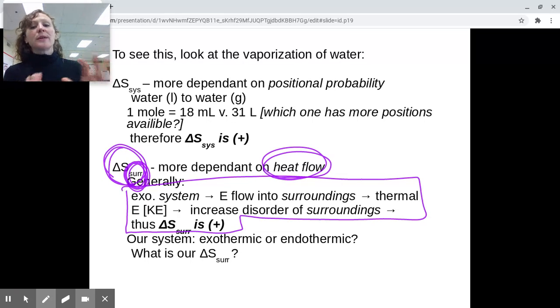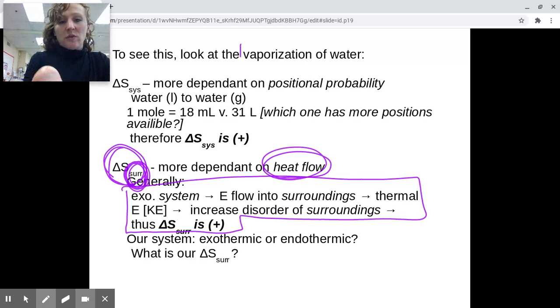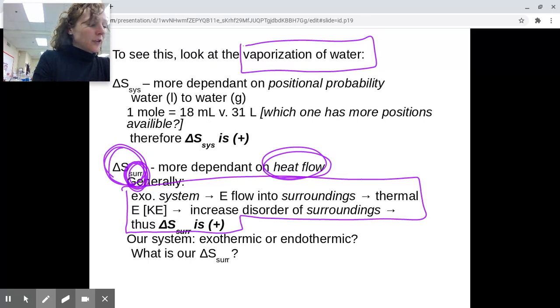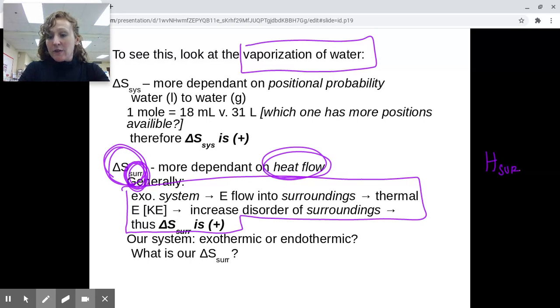So before we talk about our system, the vaporization of water, it might be helpful for you to contrast two things. So think about enthalpy of the surroundings versus entropy of the surroundings real fast.